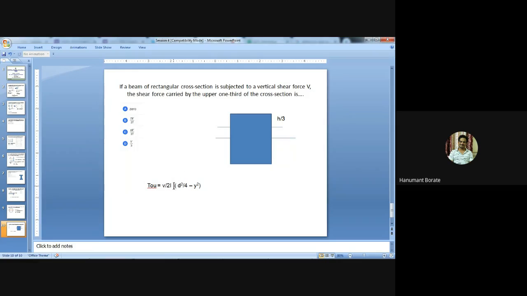Okay, this is the basic equation to calculate the shear stress at any section for the rectangle section.